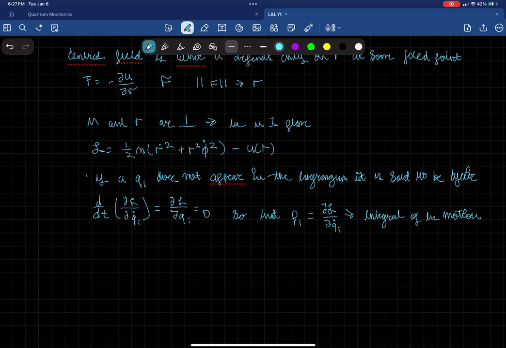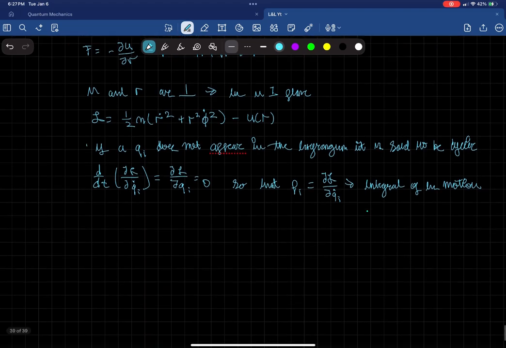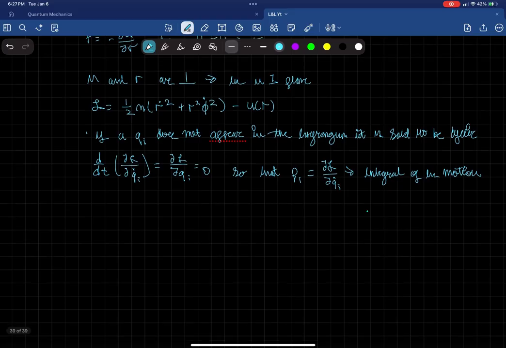In the present case, if we take the generalized momentum of the Lagrangian here, we take the partial derivative only with respect to q dot, and we get del L del q dot i is equal to m r squared phi dot. And this is the same as angular momentum.